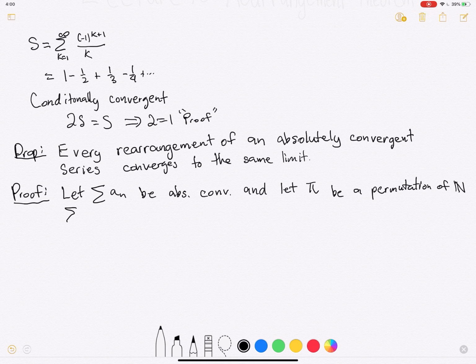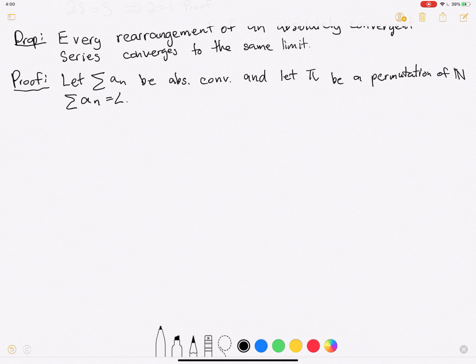Suppose the series converges to L, then we know it also converges absolutely.